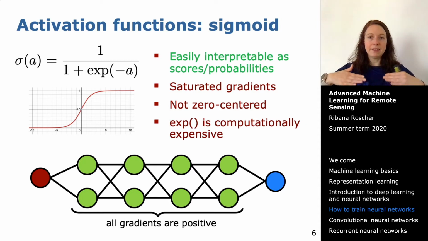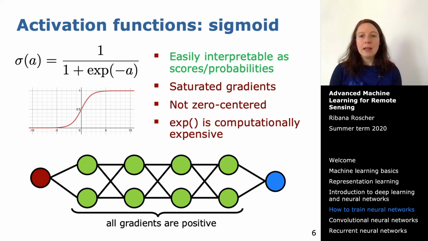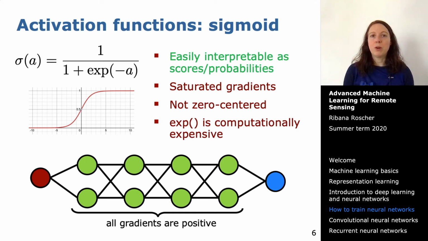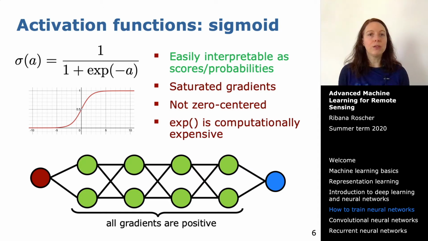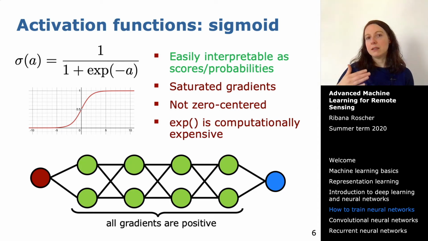So it's slightly shifted. It's not centered around 0. And the result is that the output is always positive. It doesn't matter what you feed in, you will always get a positive output. And when you have a look at the gradients and the derivative, the gradients will always be positive as well.